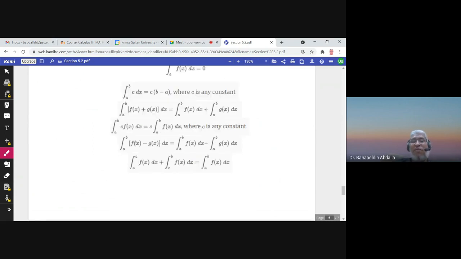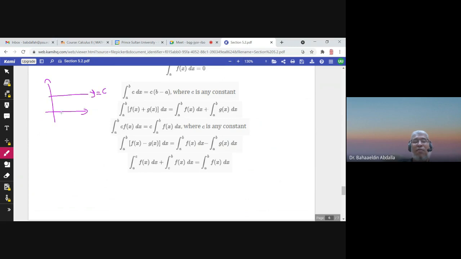If we have C, a constant with respect to x, because this is dx, so you should have x inside, but I have C which has no x, then the definite integral would be C times B minus A, the difference between B and A. So that's a formula, okay? And it's easy to prove because y equals C is just a horizontal line.